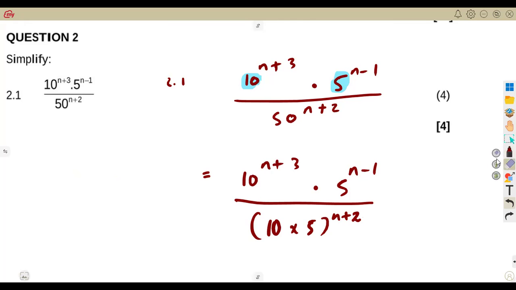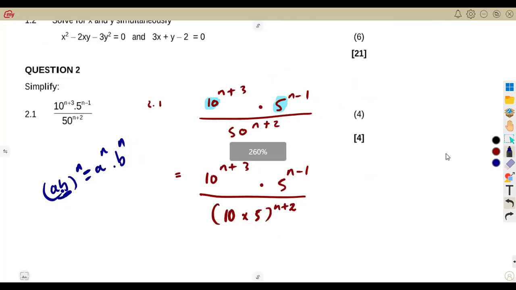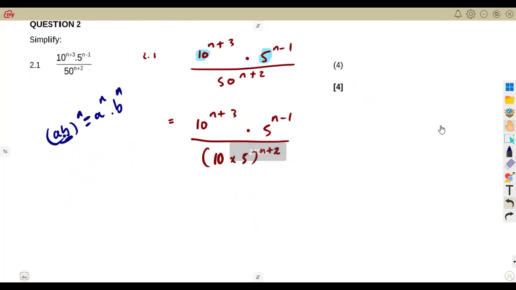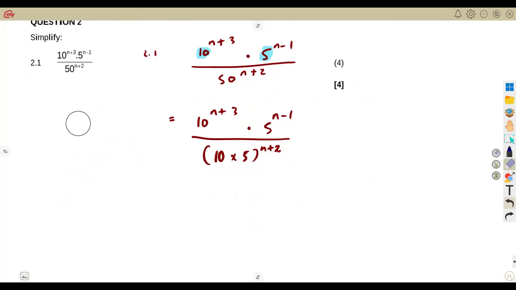Remembering your exponents, if you are given ab to the exponent of n, that's a to the exponent of n times b also raised to the exponent of n, meaning everything must be affected by the given exponent. So in our case, 10 must be raised to the exponent of n plus 2, and 5 also must be raised to the exponent of n plus 2.